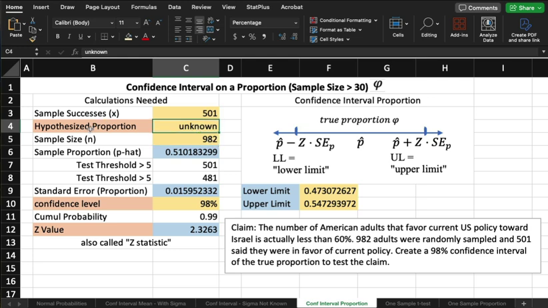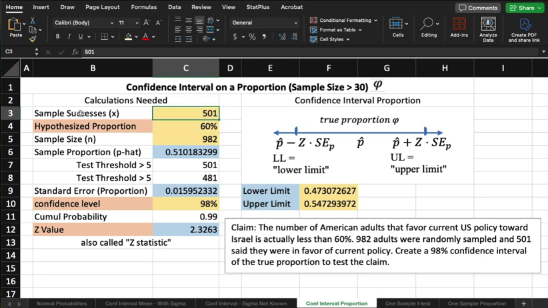We do not have a hypothesized proportion, although I could fill that in because it is based on the claim. We could put in our 60% as a hypothesized proportion, just for our own sense of knowledge.